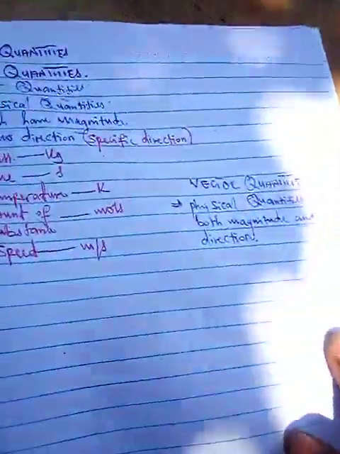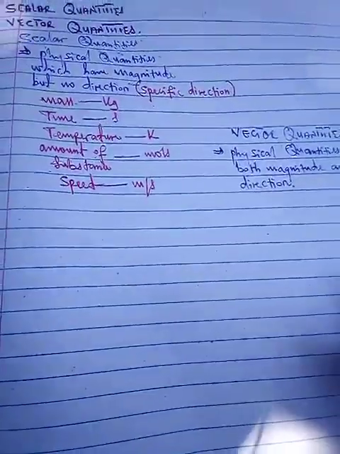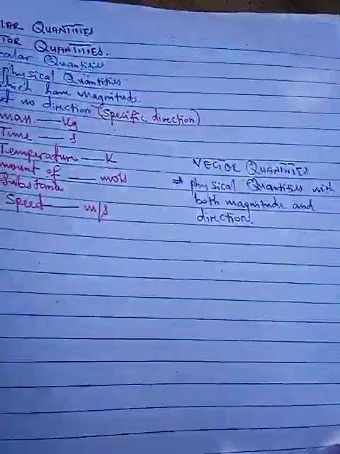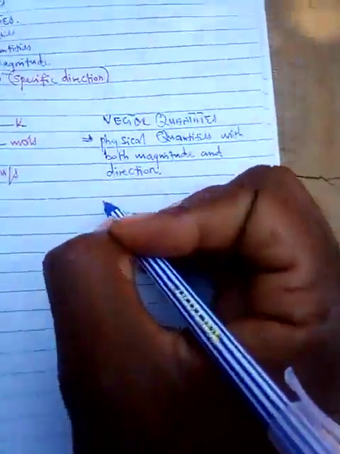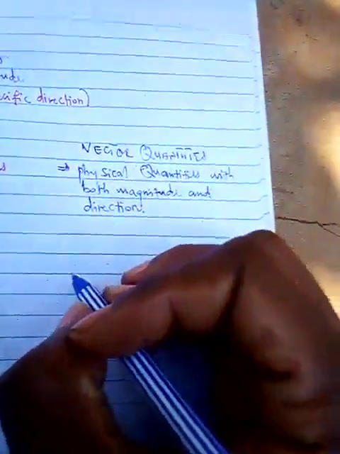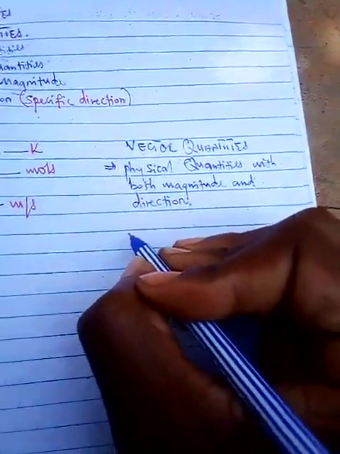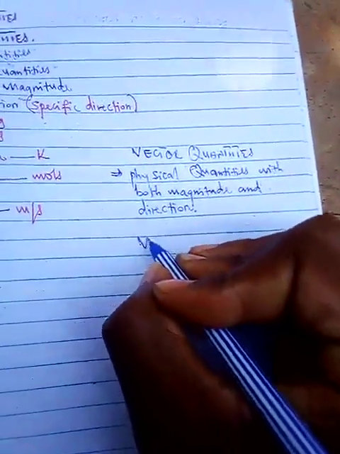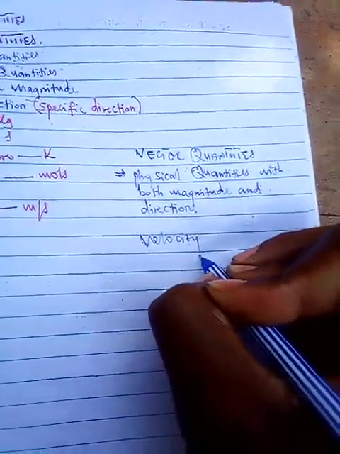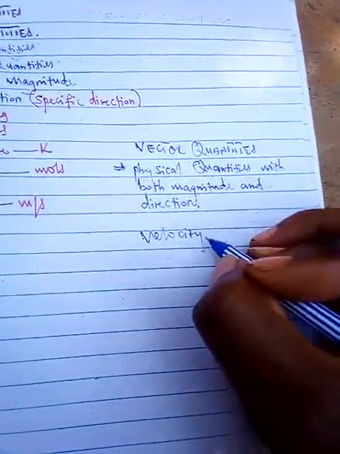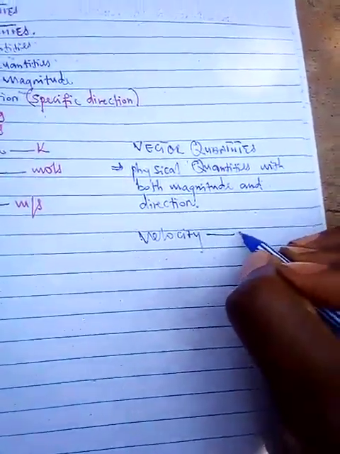So what examples can we give under vector quantities here? Examples of vector quantities that we can put here are mostly those which are discussed under kinematics. We can talk about velocity. Velocity is a vector quantity, in meters per second.